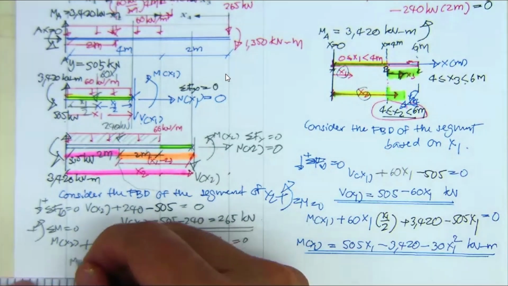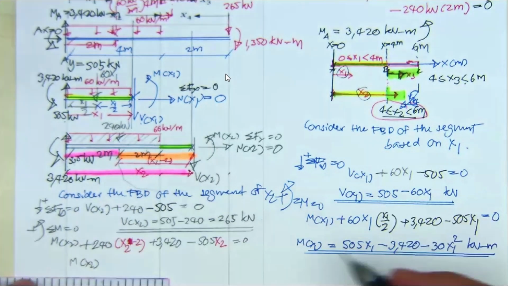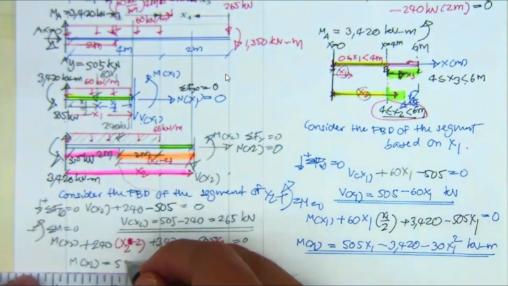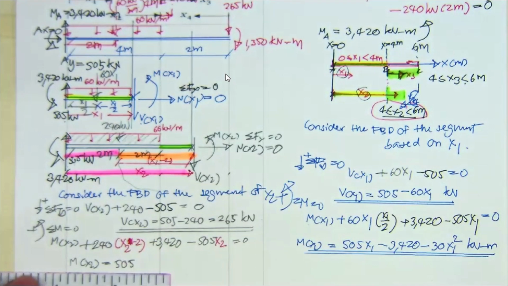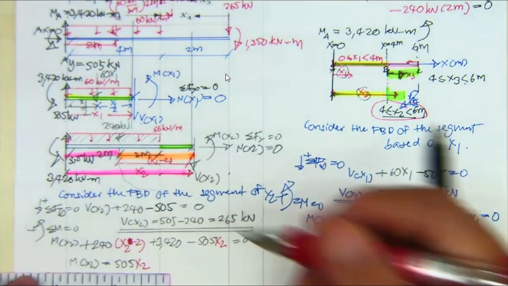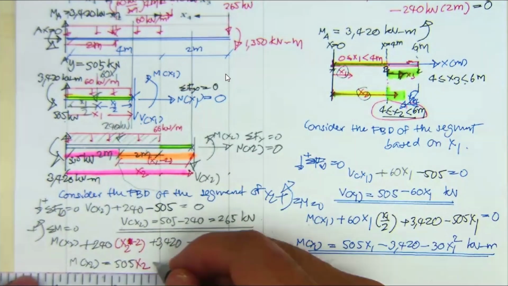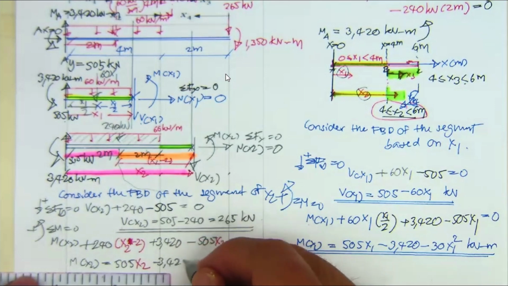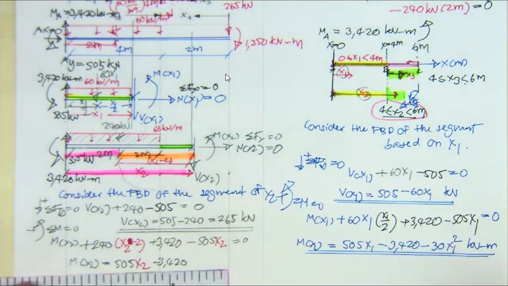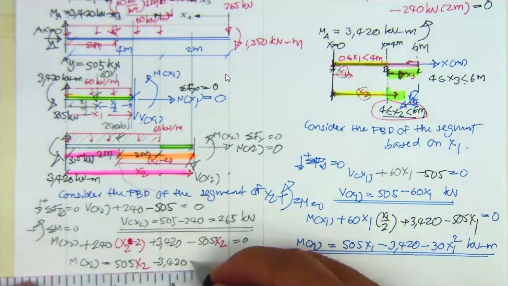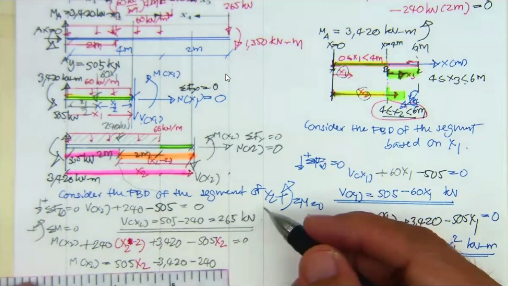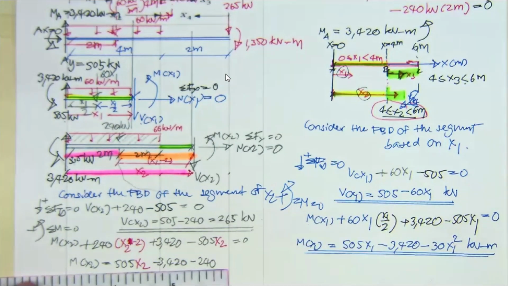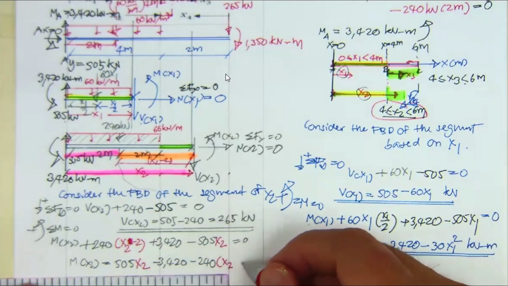We have M sub x2. This is equal to 505 x2 positive, minus 3420, and then this one minus 240 times x2 minus 2.